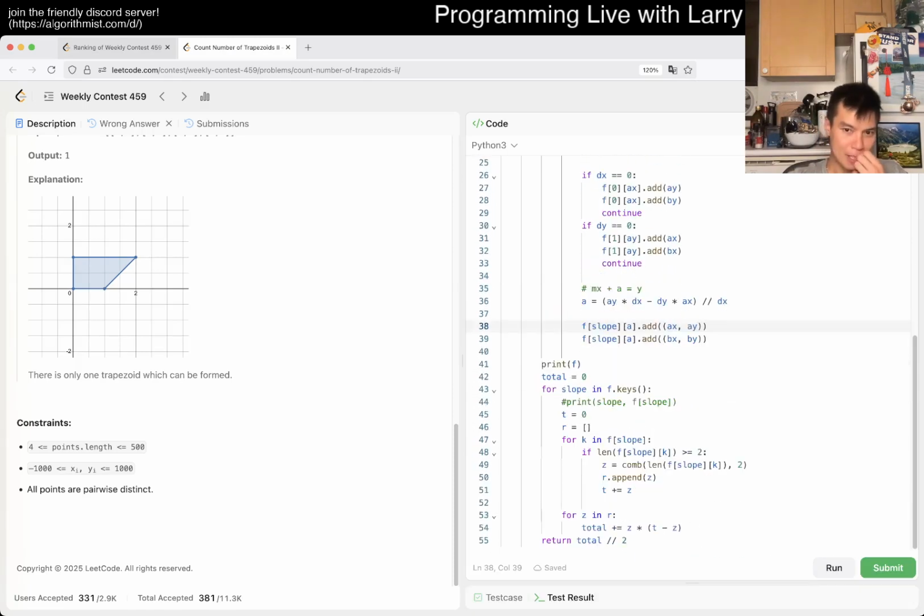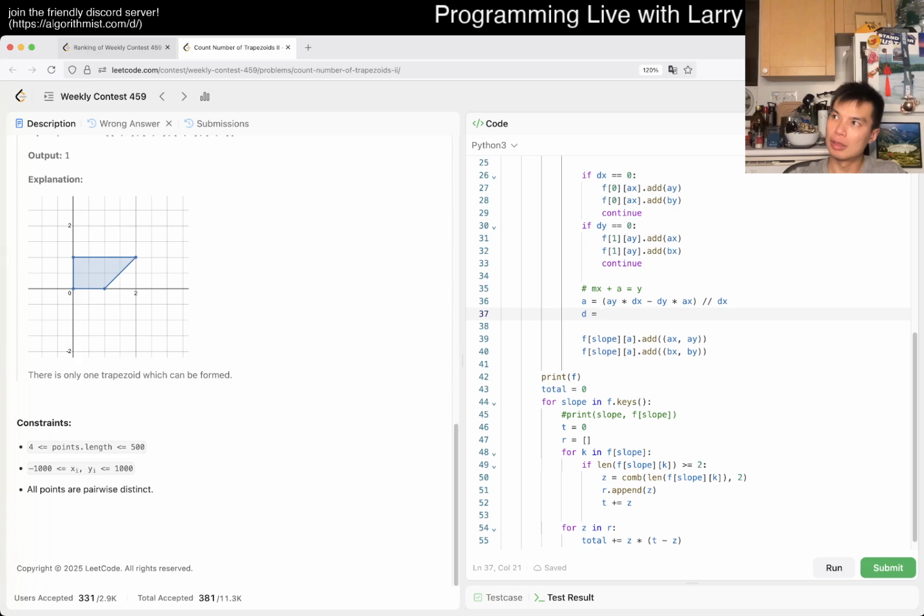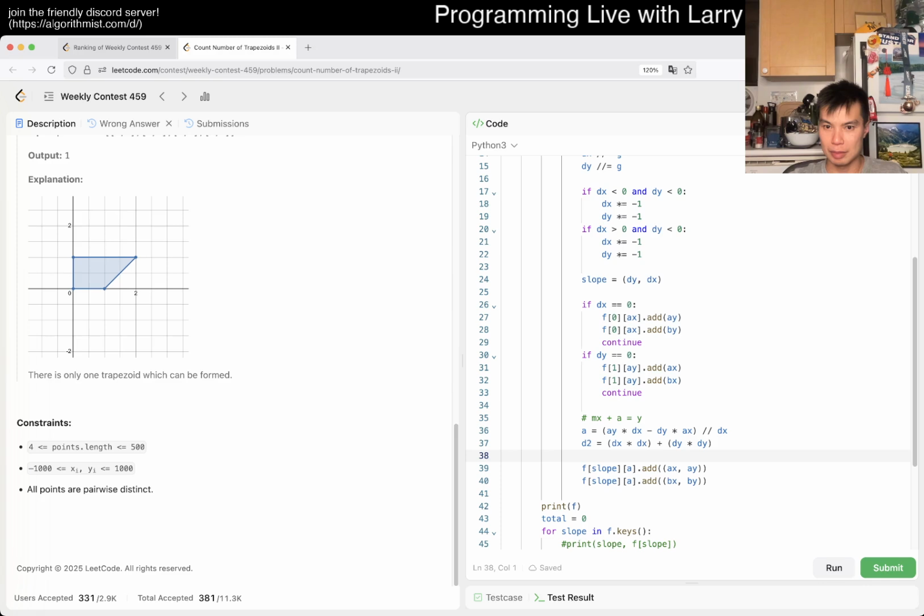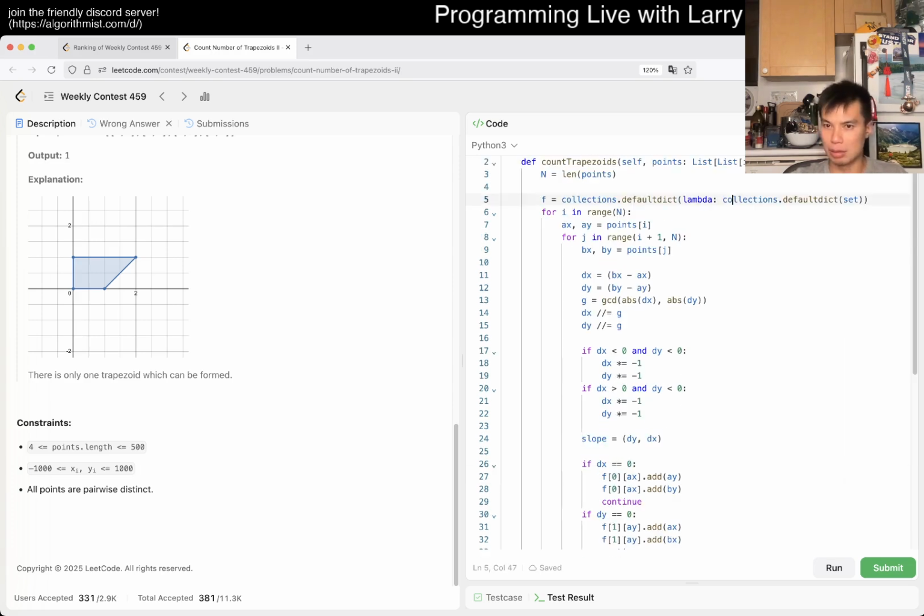Parallelogram. Intercept P. Okay, this is so hard.